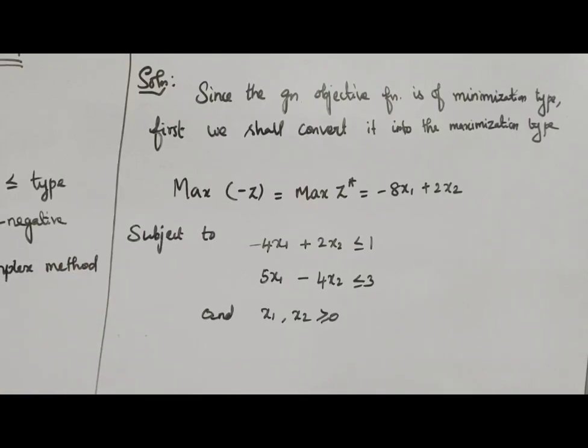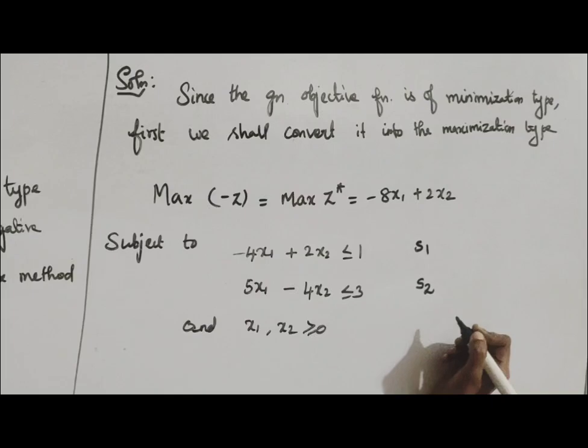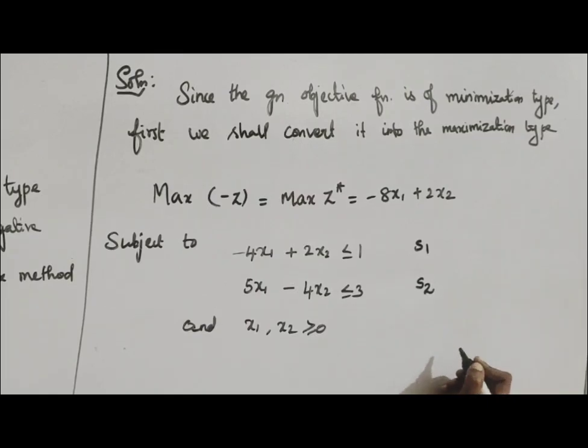Therefore, we have to introduce the slack variable s1 for the first constraint and s2 for the second constraint. Then we write the standard form.